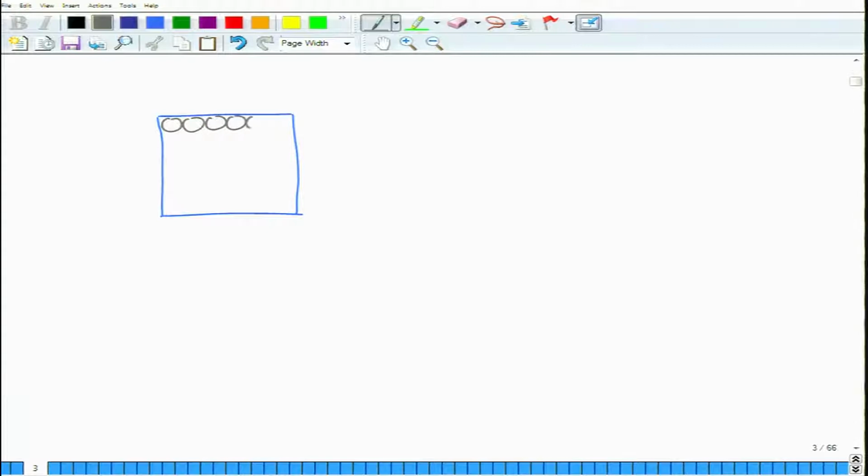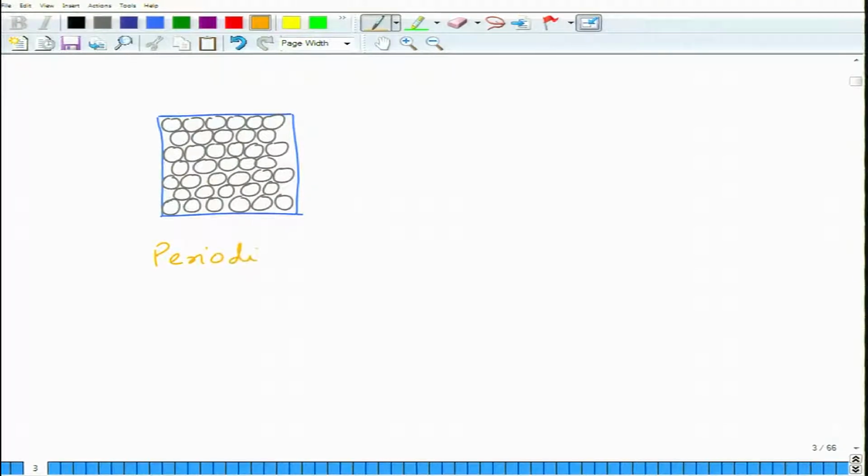This is a periodic structure, and it is periodic across the whole volume of the material.